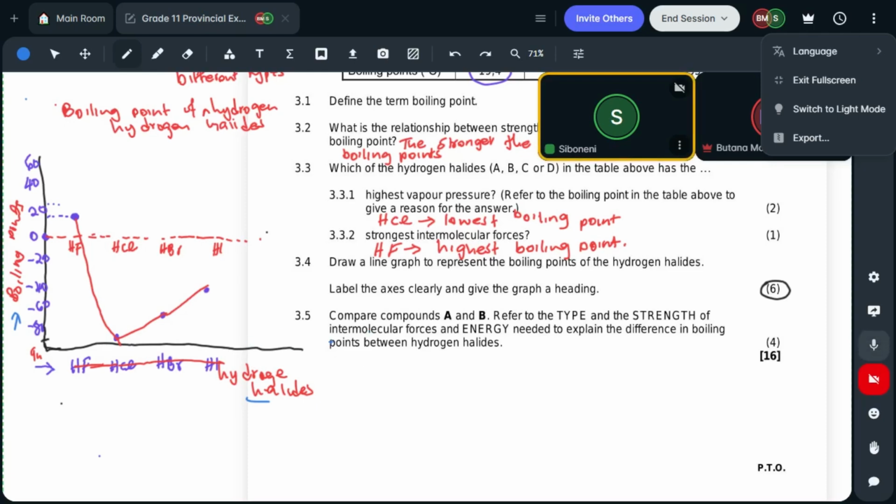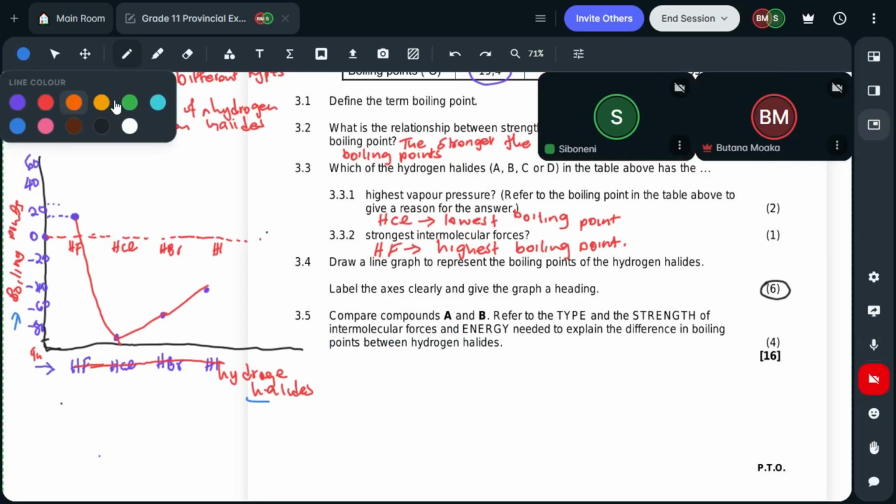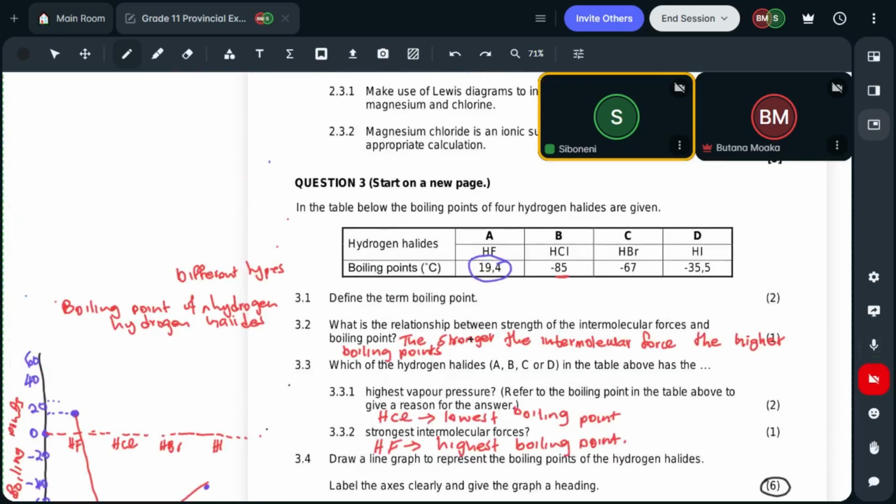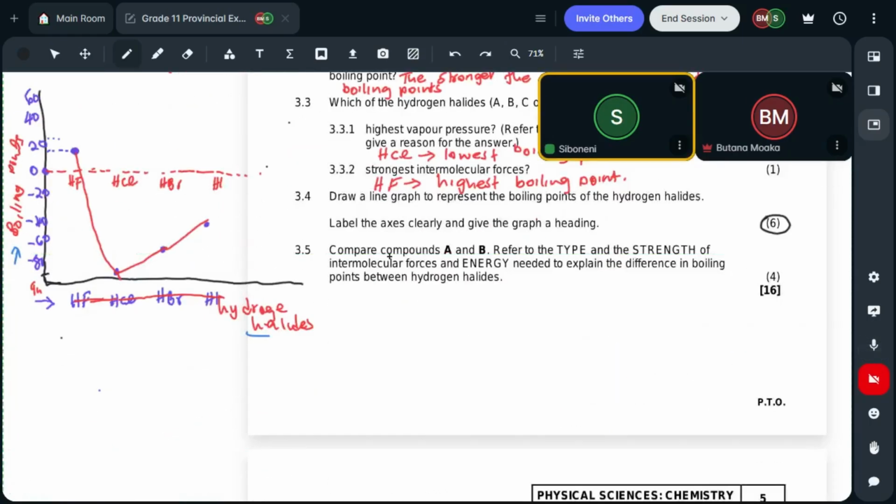Okay, they say compare A and B. Let's first write down the compounds A and B. A, that's HF, and B, that's HCl. So they want us to compare these two compounds, and then refer to the type and the strength of the intermolecular forces and energy that is needed so that we can explain the difference in boiling points. Okay, so HF, it has what?